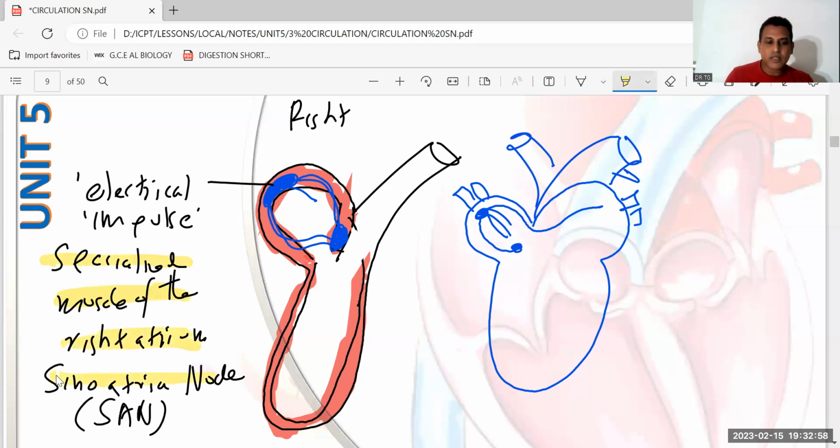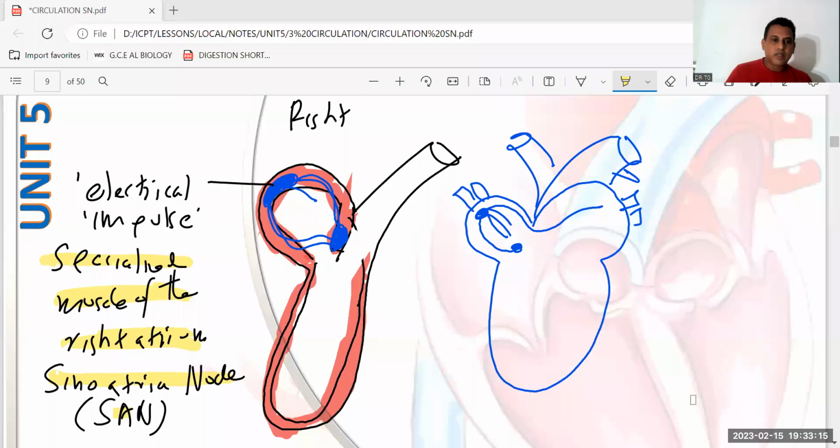They are called the sinoatrial node. What is the specialty? They can make electrical impulses. So they can produce electrical impulses.